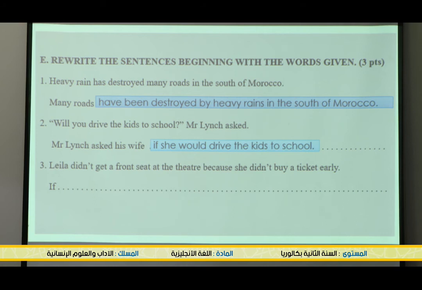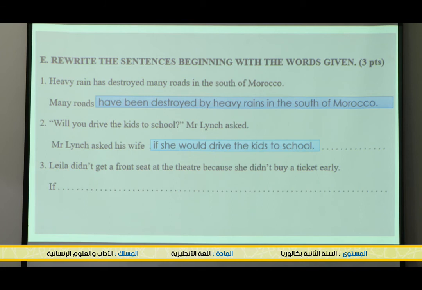Remember that we use conditional type 3 to express regret in the past. And the form that we should follow here is if plus subject plus the past perfect, comma, again subject plus would or could plus have plus the past participle.